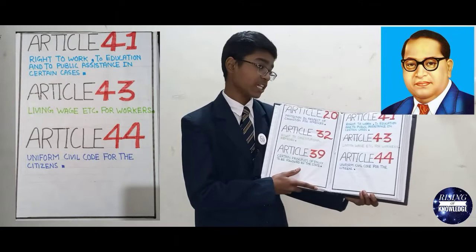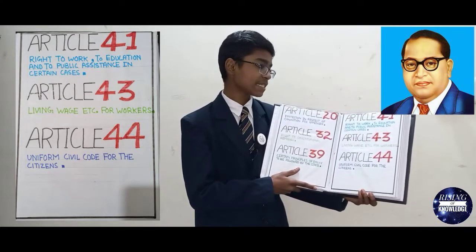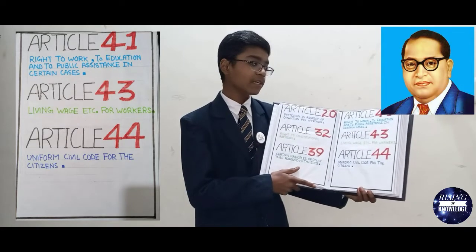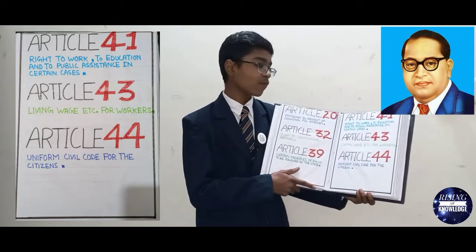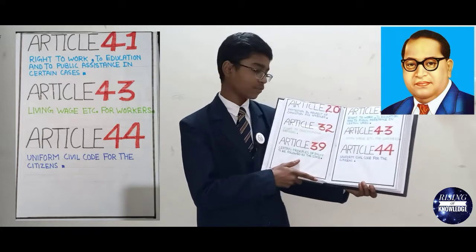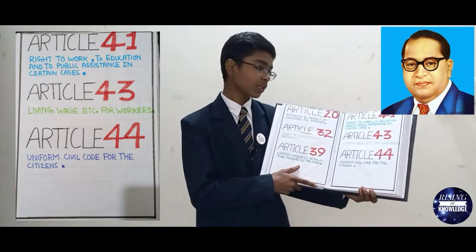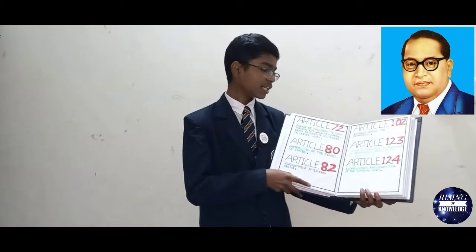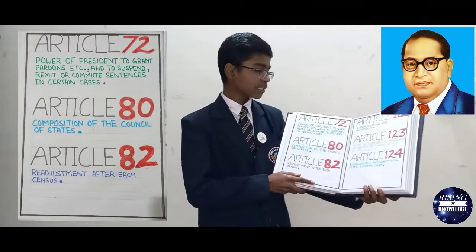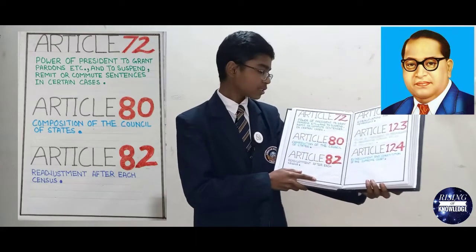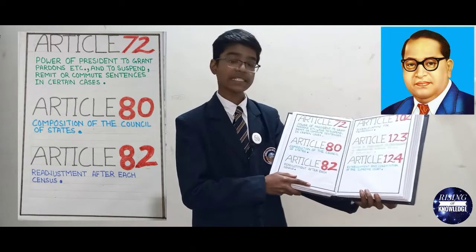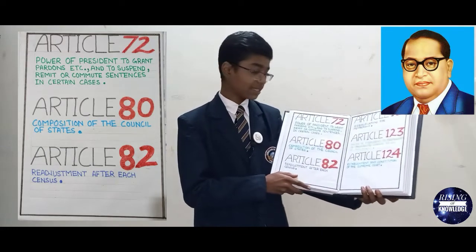Article 41, right to work, to education, and to public assistance in certain cases. Article 43 tells that living wage, etc., for workers. Article 44, uniform civil code for the citizens. Now moving towards Article 72, power of President to grant pardons, etc., and to suspend, remit, or commute sentences in certain cases.